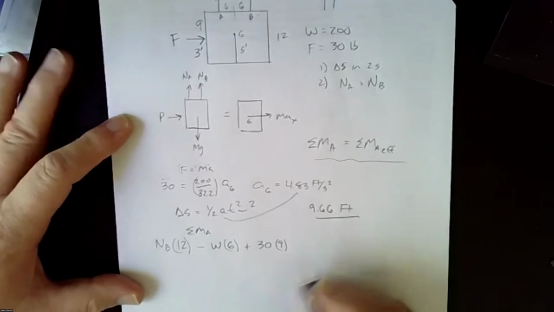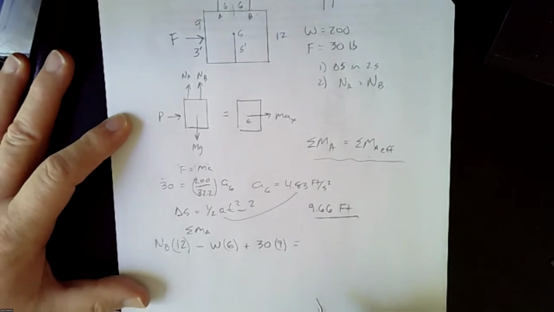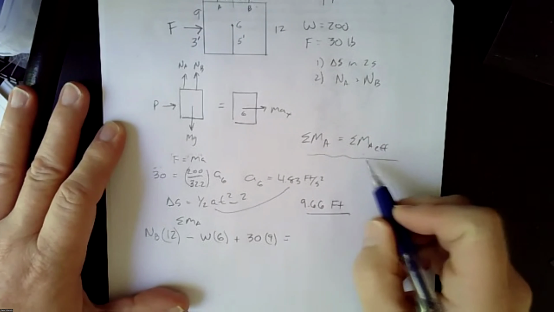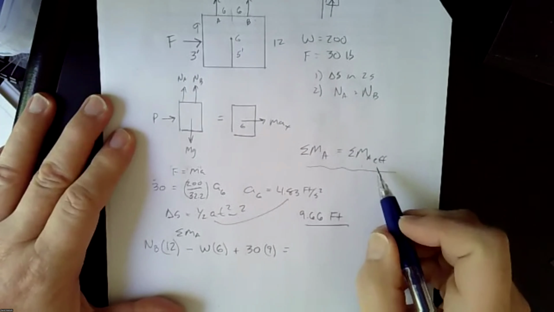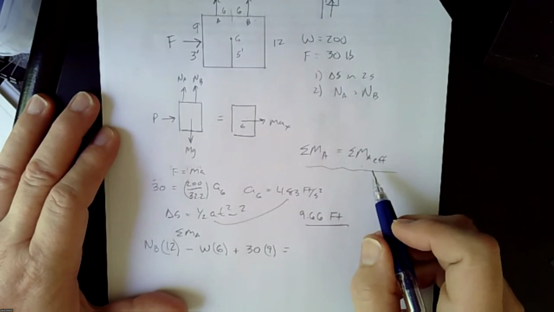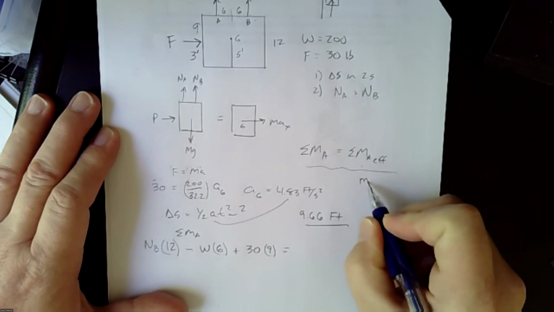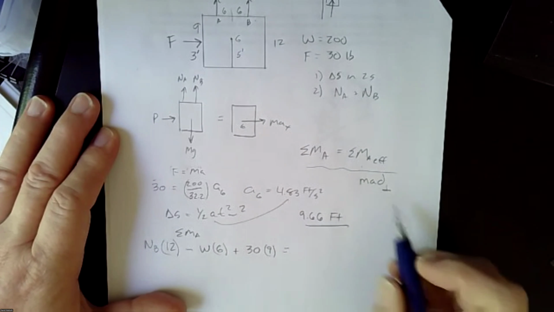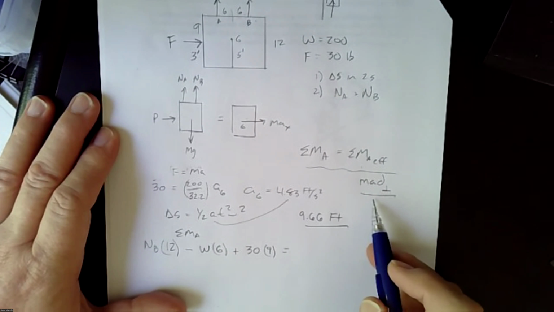Okay. And then on the other side, we look at what is the MA effective. So what is the moment created by the acceleration of G? So really, we write it as MA d perpendicular, right? That's what it's looking at.